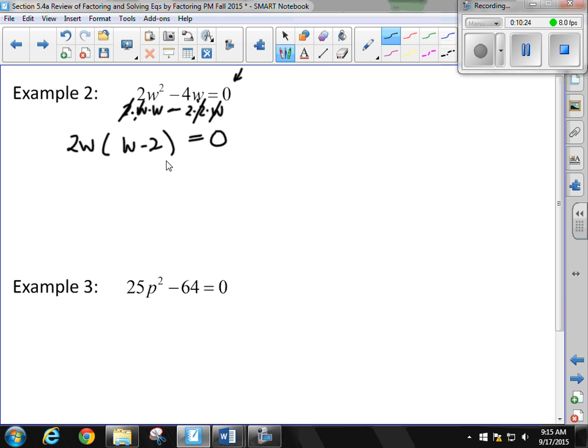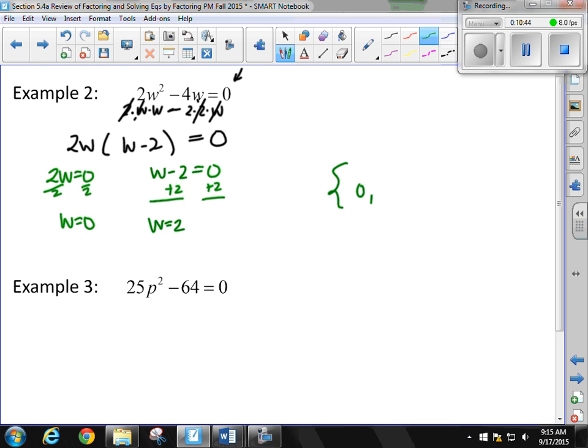Set each factor equal to 0. 2w = 0, w - 2 = 0, and solve. If I divide by 2, I get w = 0. And in the other equation, if I add 2 to each side, I get w = 2. So my solutions are 0 and 2.